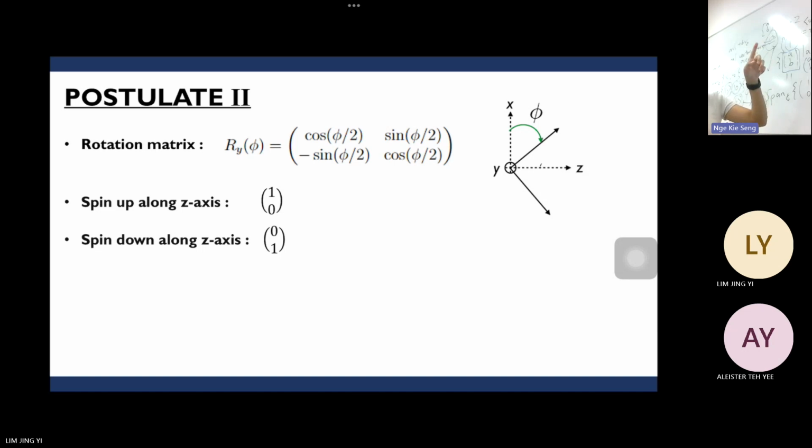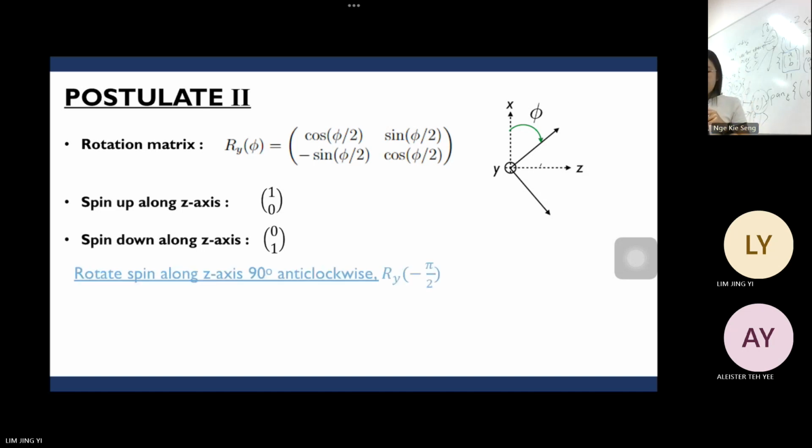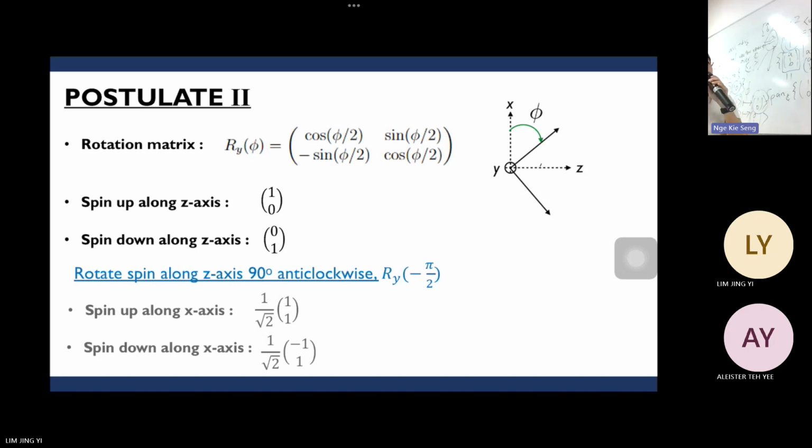Then I introduce a rotation matrix. This rotation matrix rotates the frame about the y-axis, which means I'm applying an external magnetic field along the y-axis. Next, we want to determine where the spin state along the x-axis is.